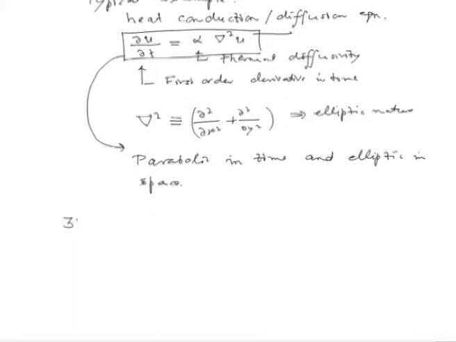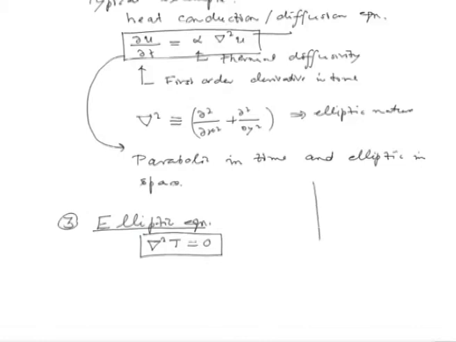Now the last type which we discussed, elliptic equations. A typical example is our steady state heat conduction equation, del square T is equal to 0. In such cases, suppose we have got a problem domain.